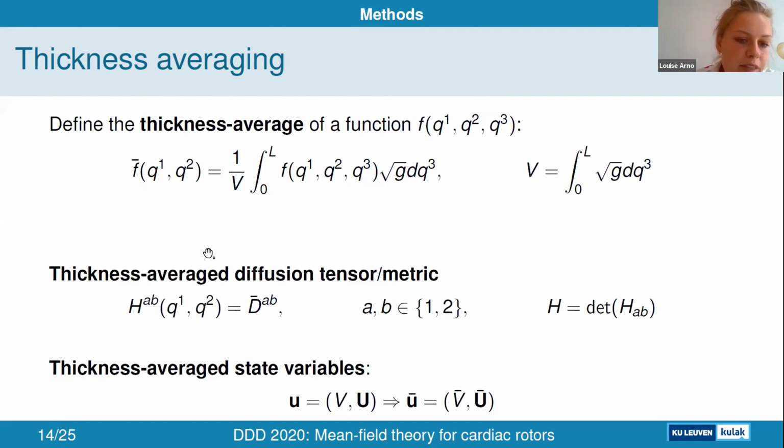For example, we can define the thickness average of the diffusion tensor, which we will denote by H^AB. And we can also define the thickness average of the state variables that we use in the reaction diffusion equations, and these we denote by U bar.